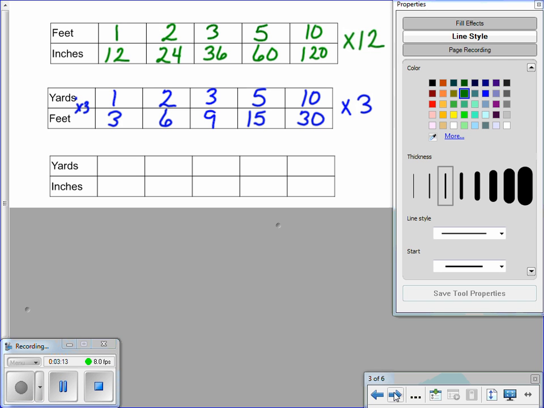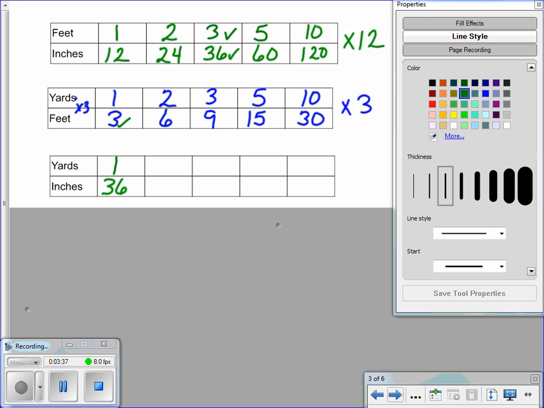Well, if we come back up and look at our table, we know that 1 yard was equal to 3 feet, and up here we see that 3 feet is equal to 36 inches. So 1 yard must be equal to 36 inches.